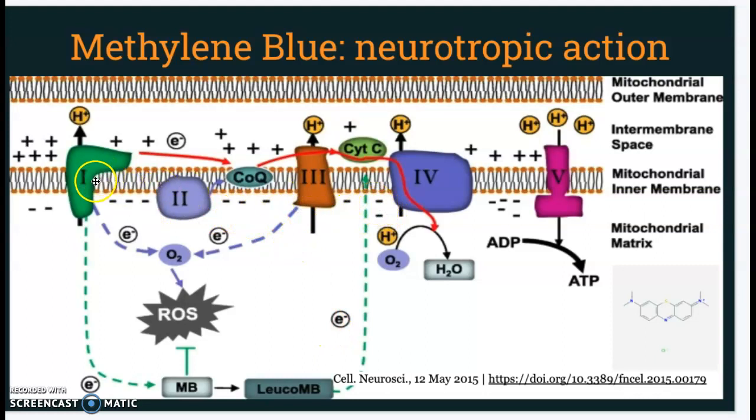In the mitochondria, you see this great receptor complex, which shuttles the electron from complex 1 to complex 3, complex 4, and then forms ADP to ATP.